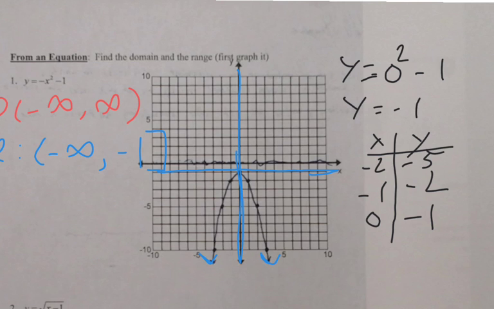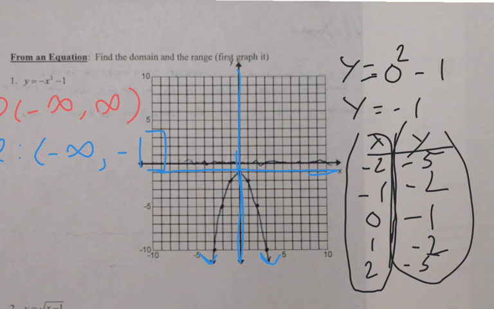We begin to see a pattern when we go the other way: at 1, -2, and at 2, -5. So if we notice, we can pick any x values we want, and we will always get a y value. But what we notice is it never goes higher or greater than -1.